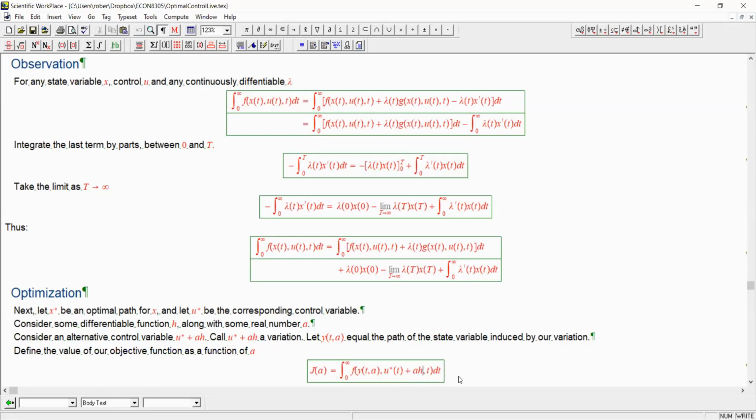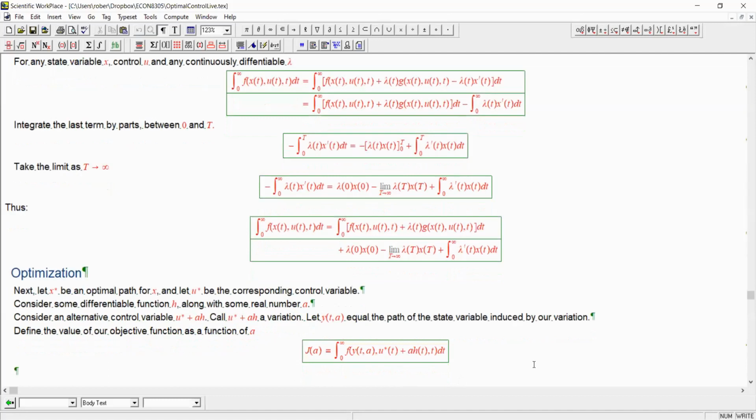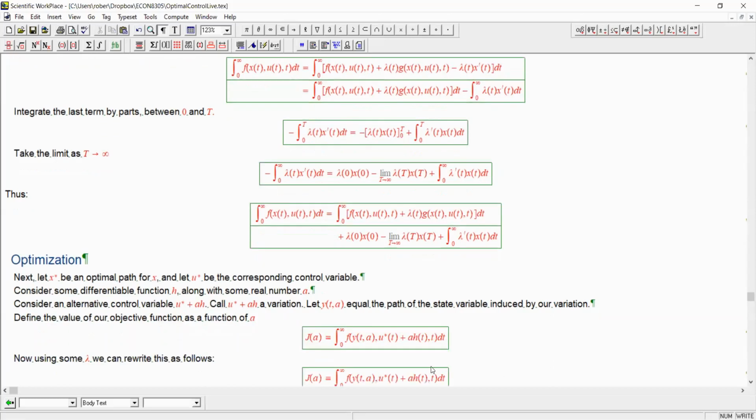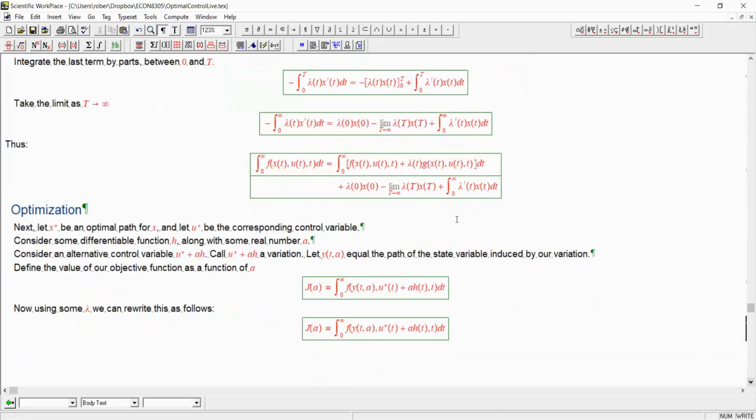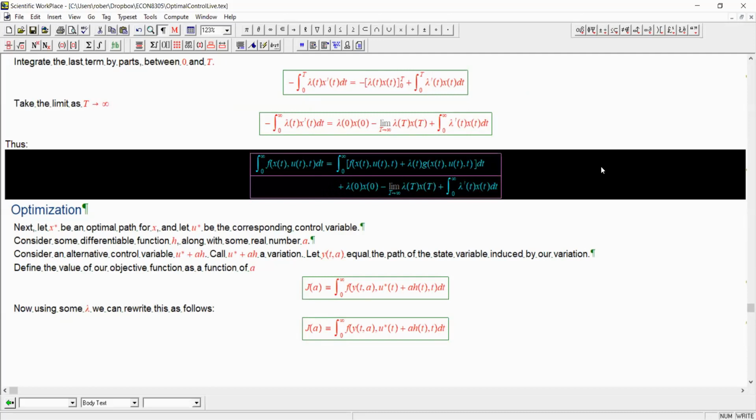Ensure that we're inserting time as our arguments. Now we can rewrite this using some arbitrary continuously differentiable lambda. How so? Well, here is our definition for j. We can rewrite it as here.